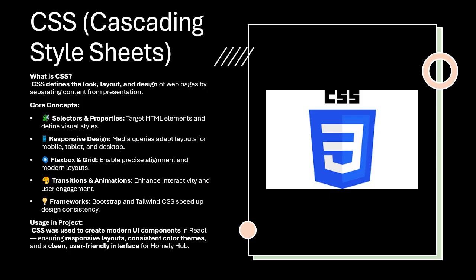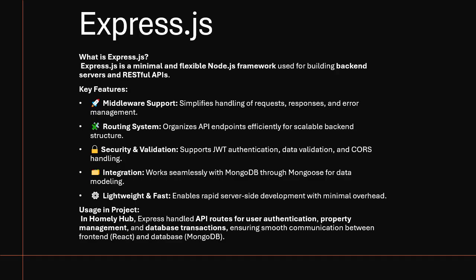It also includes responsive design, so that pages align with mobile devices, laptops and tablets, which makes it more effective. In our project, we used it for modern UI components using React, responsive layouts, consistent color themes and user-friendly interfaces.